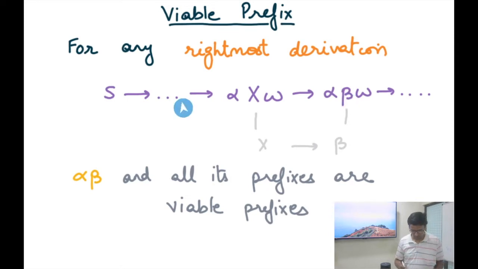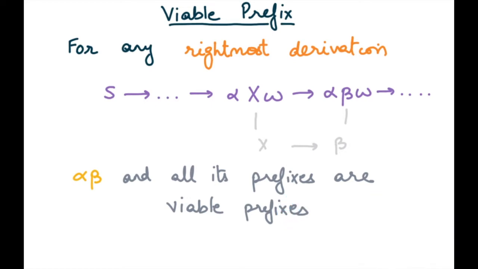Now, if there is any such rightmost derivation for any string, then alpha beta, recall, is something that we call a handle. But we also call alpha beta and all its prefixes viable prefixes. So there are two differences here between how we define handle and how we are defining viable prefixes. In handles, we were basically interested in the rightmost derivation for a particular string.